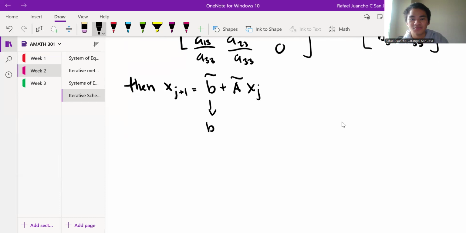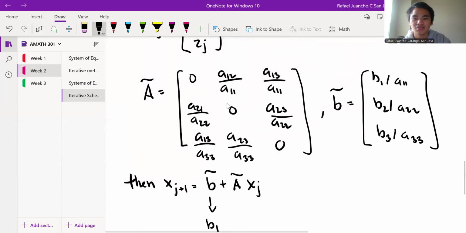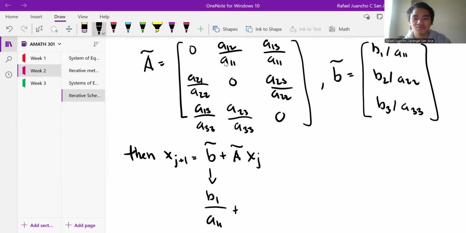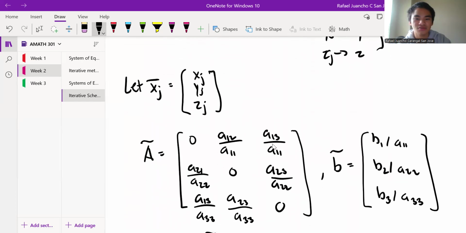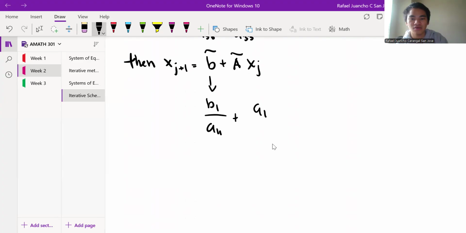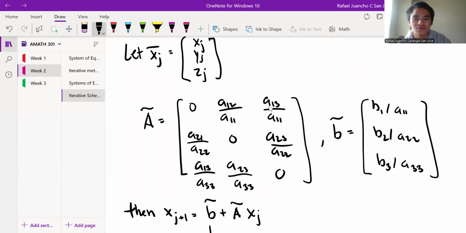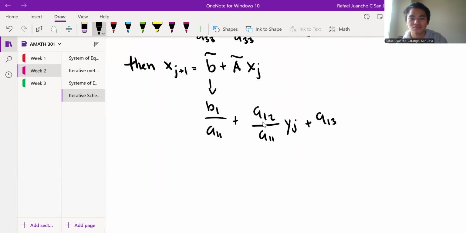This one becomes b1 over a11. I add that to this thing, A xj. Yeah, a11 was my xj, so this a12 over a11 yj, and this one's zj, right?